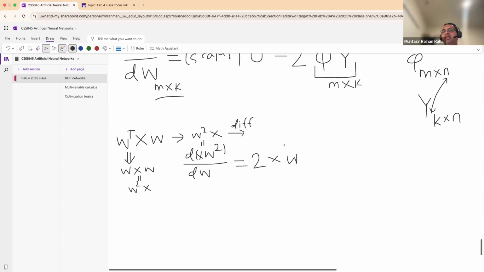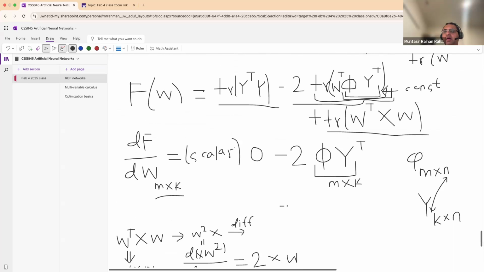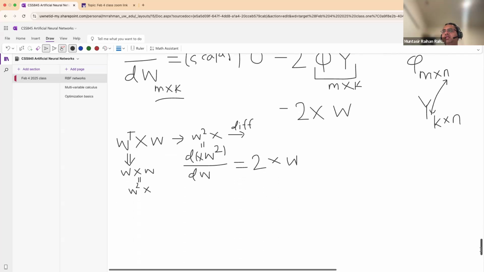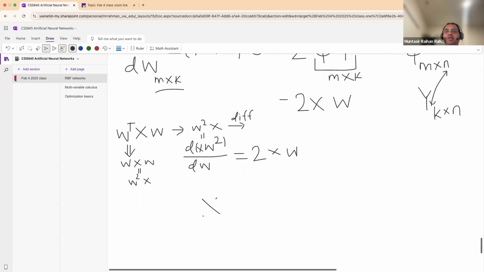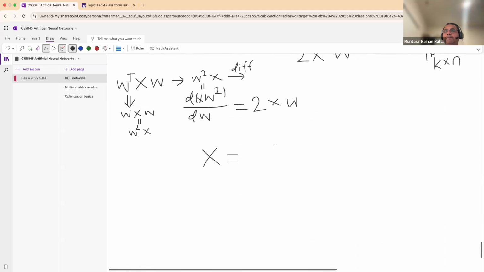But now we are going to elevate them back to matrices, right? So let's write it back here. So now it's 2 times x times w. And now let's check the dimension of these matrices. So what is the dimension of x? What was x to start with? We said x was this matrix phi phi transpose. So let's write it down: phi phi transpose.